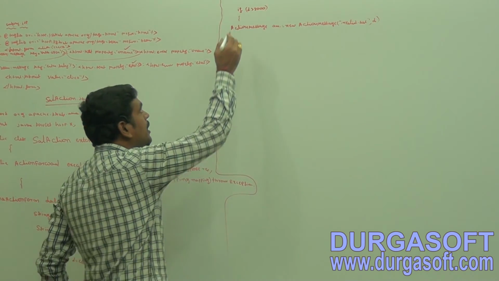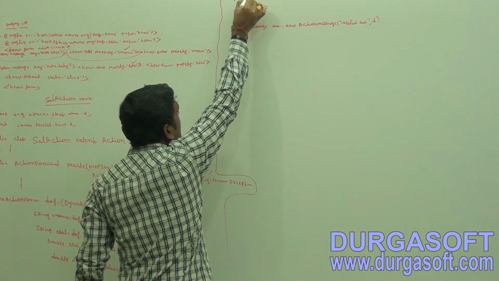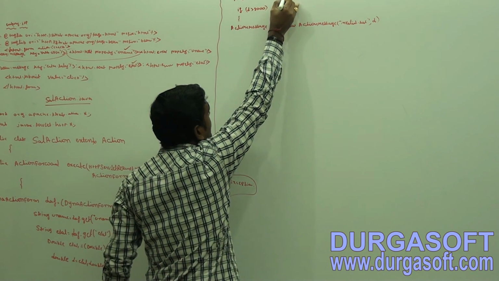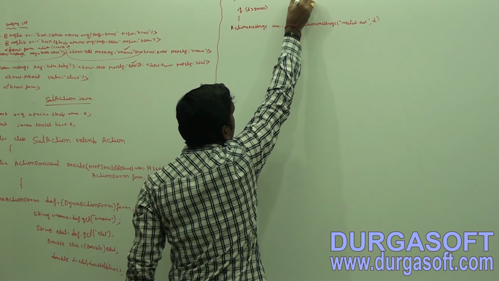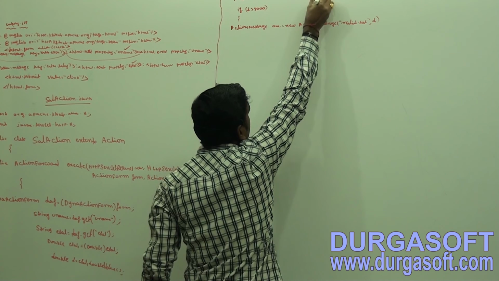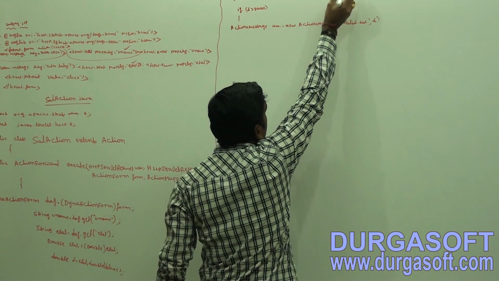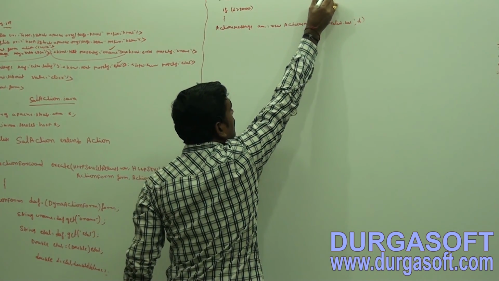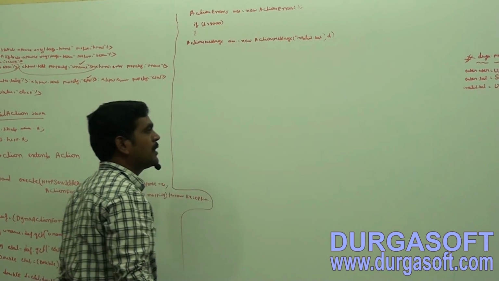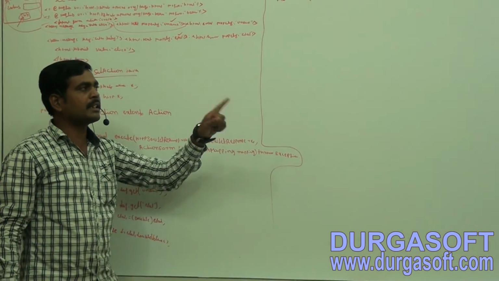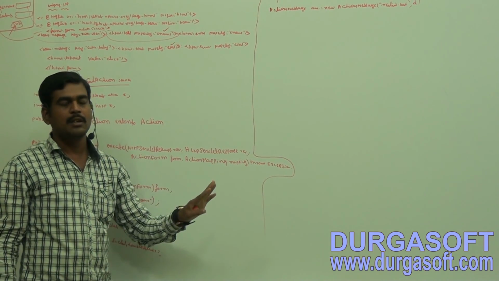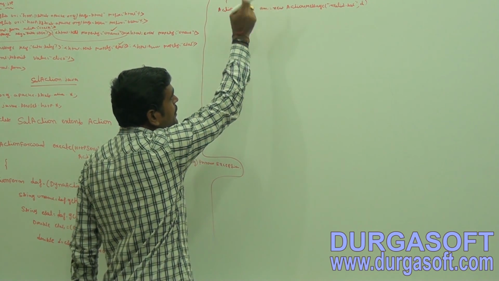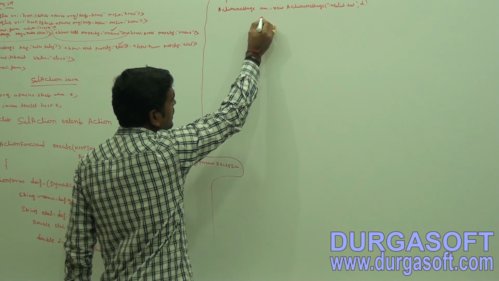So ActionErrors aes is equal to new ActionErrors. But what is the use of this ActionMessage, sir? The functionality of this ActionMessage is collecting the error message from the bundle. That's enough. After that we can add this action message to ActionErrors, right?